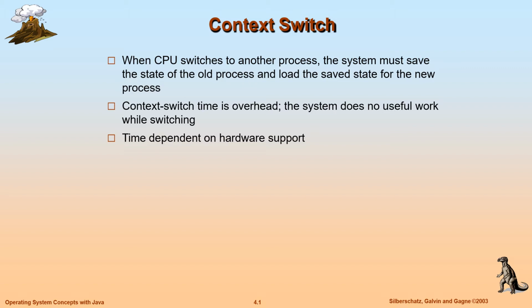Let me repeat the meaning of state save and state restore. Generally, we perform a state save of the current state of the CPU, be it in kernel or user mode, and then a state restore to resume operations.